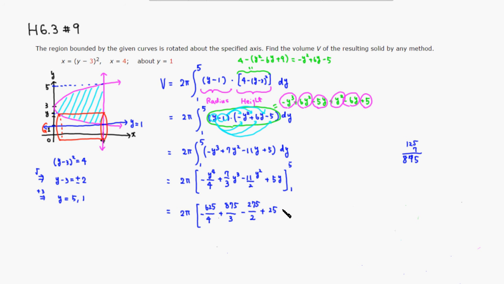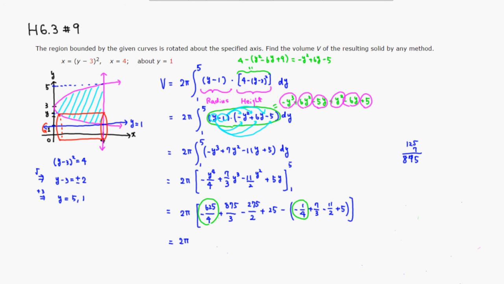Then minus, we have to plug 1 in, so you have a minus 1/4 and plus 7/3, and minus 11 over 2 and plus 5. So we just have to compute that. You have a 2 pi. It's tedious work, but we should be able to do it. So we have 625. There's a minus, so a plus 1/4.